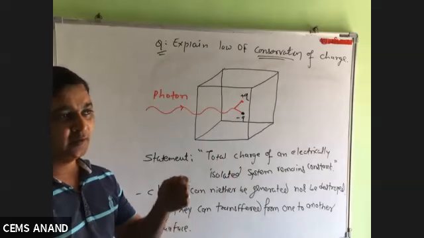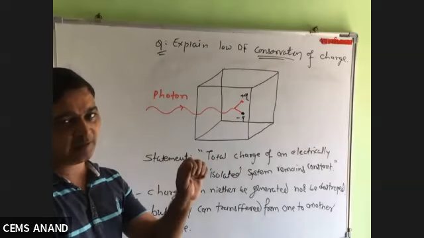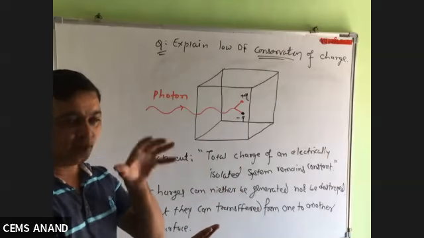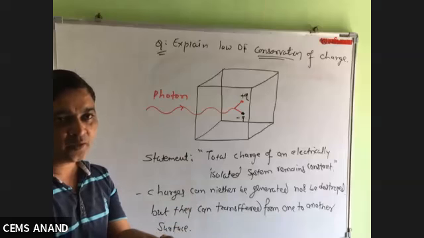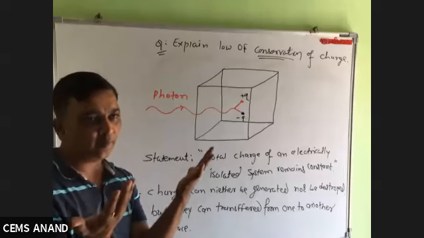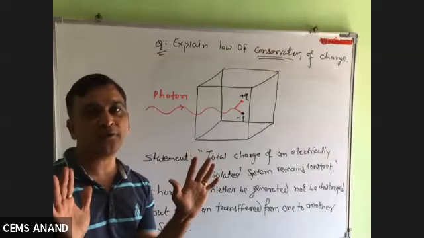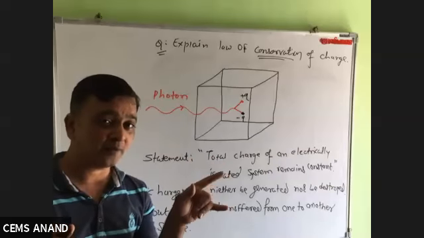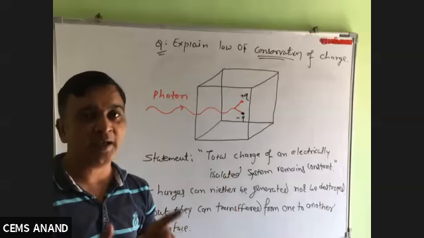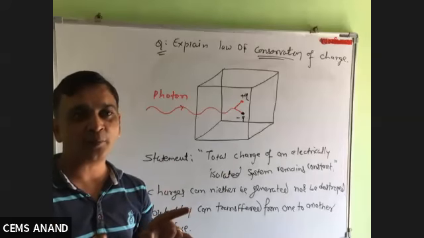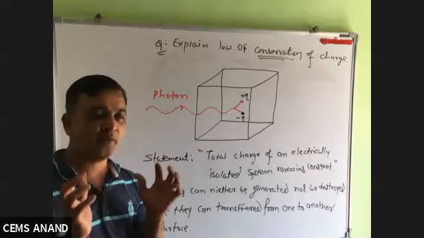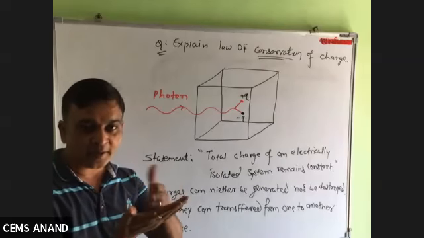yesterday, that is rubbing a plastic or glass rod with wool or silk material. In those processes, what happened? Initially, both the materials are neutral in terms of charges. What it means? The charges were there, but they are equal in proportion as negative and positive types. Now, we rubbed them together.